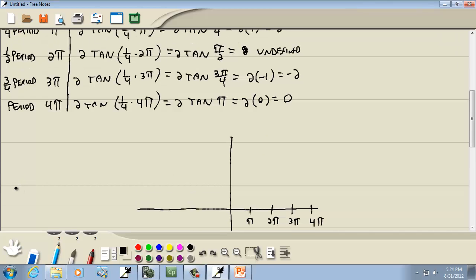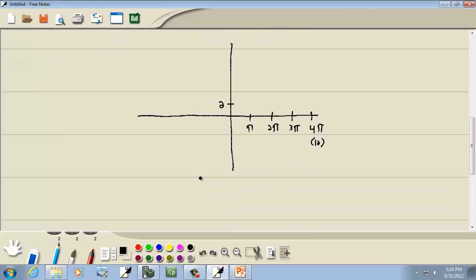Actually, pi might be a better one to look at. Pi is like 3. This here is about 3. It goes up to 2 and negative 2. Well, if this distance here is about 3, then 2 is about that distance. You want to keep the proportions fairly good on these, because otherwise they'll come out looking exactly the same. Then put negative 2 here.